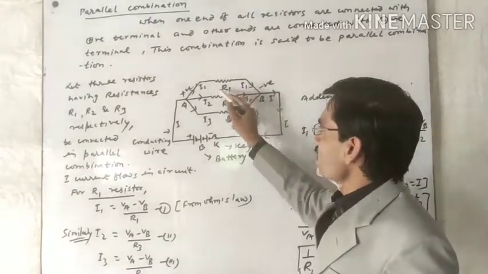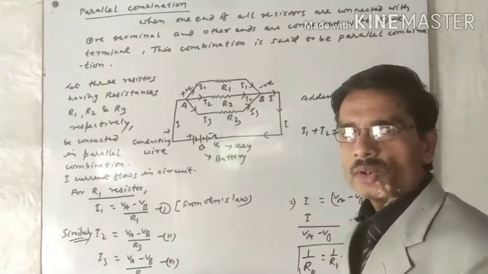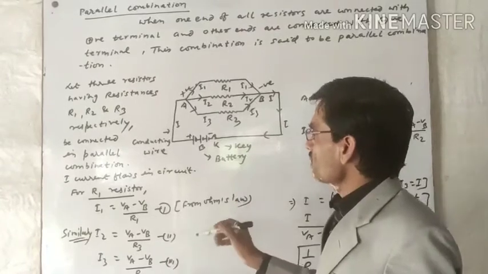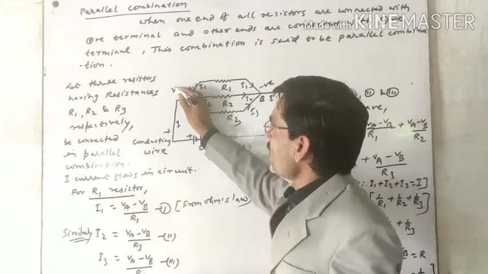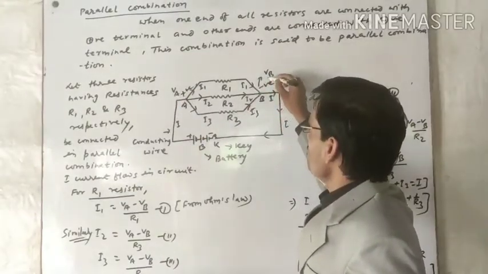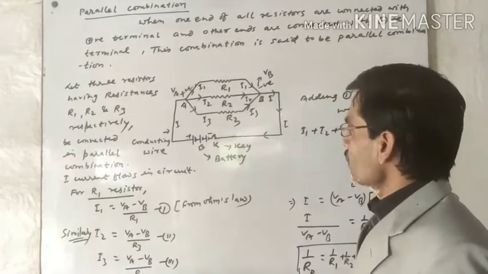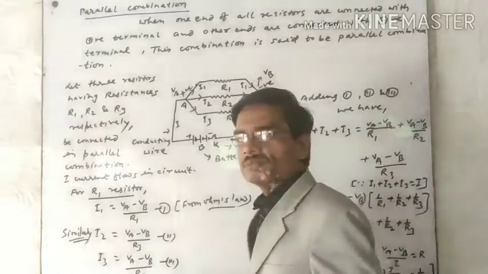For R1 resistor, we will apply Ohm's law. Pay attention here. Potential at A, this is VA. Potential at B, this is VB. We will apply Ohm's law here. So what will be I1?